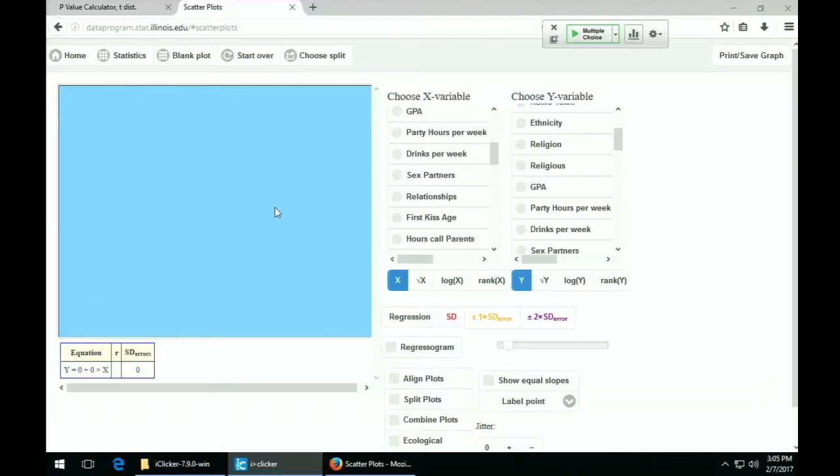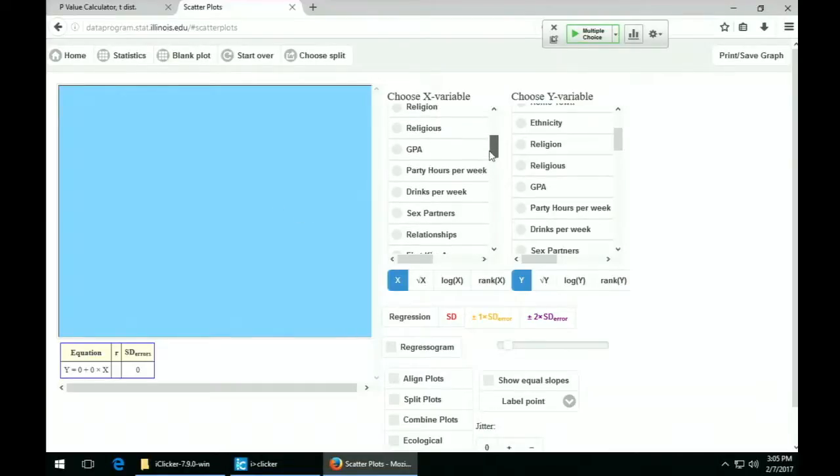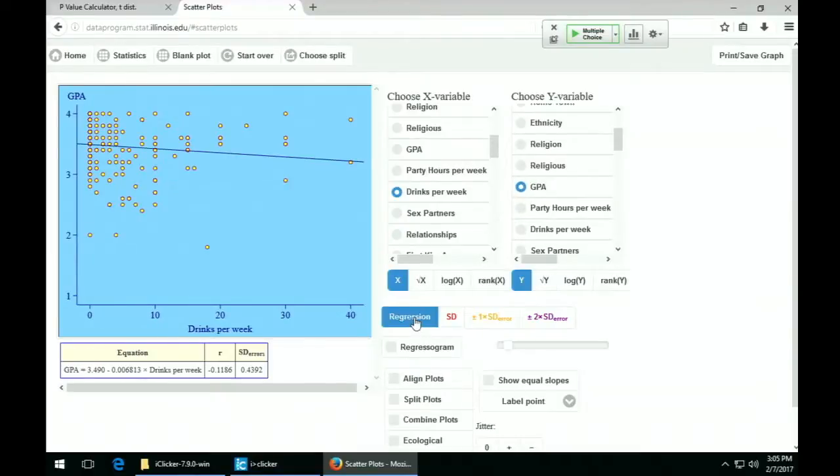Okay, so let's look at this. Drinks and GPA, and let's do this. Oh yeah, it's somewhat negative, but not very much. Negative 0. Okay, so what does it say? It says your GPA is 3.49 when you don't drink at all. Boy, is that a high GPA. Minus, this is a really tiny, drinks per week.